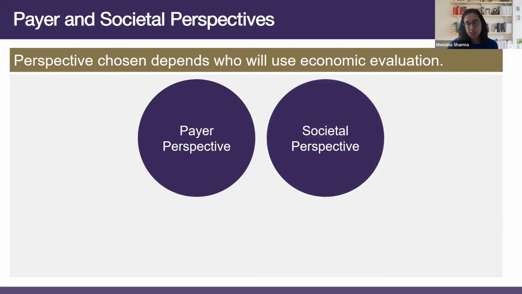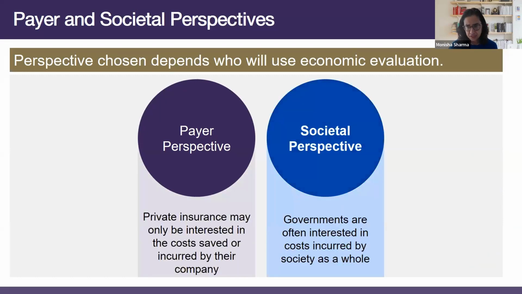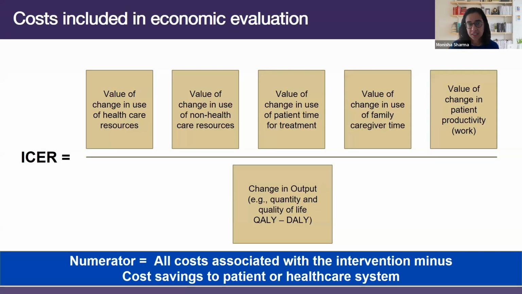And the perspective that you choose will depend on who's using the economic evaluation. Often, private insurance companies are interested in just the cost incurred by their company, but governments are often interested in the costs incurred by society as a whole.